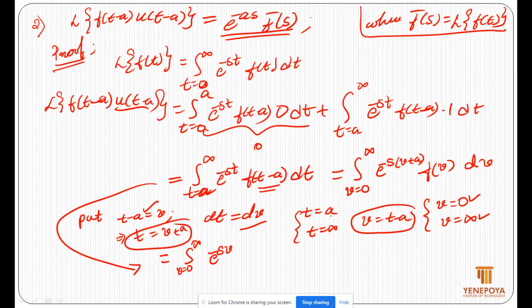The e power minus as I will take out, e power minus s into a constant, f of v with respect to v.